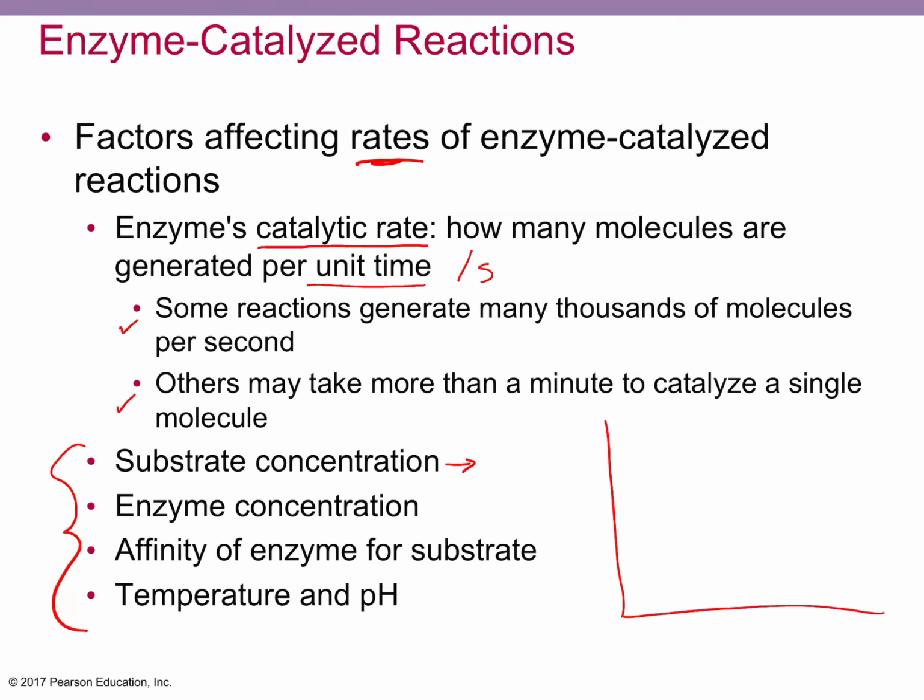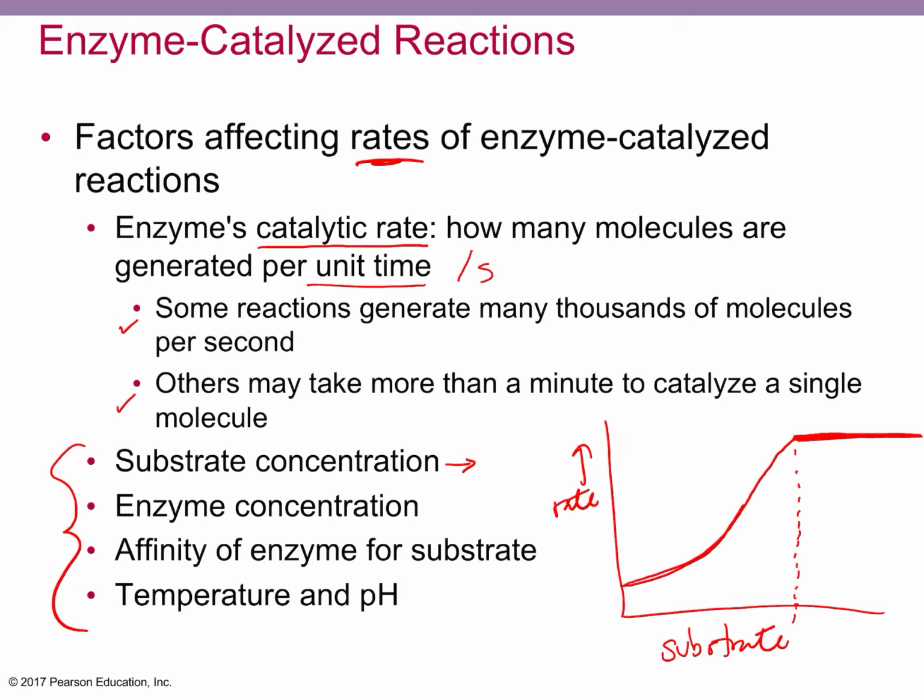So when you have a graph, this is the amount of substrate that you're adding. A lot of times the graph will look like this. When you add more substrate, the reaction rate goes up. And then at some point, the reaction rate flattens out, it flatlines. At this point, you've saturated the enzyme.